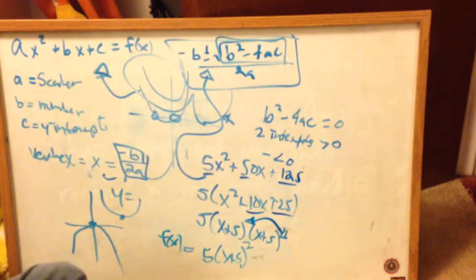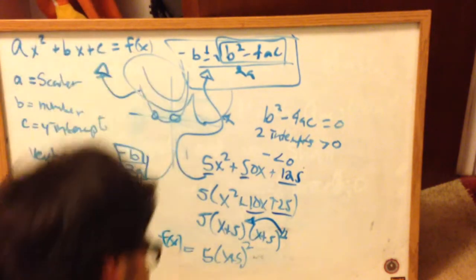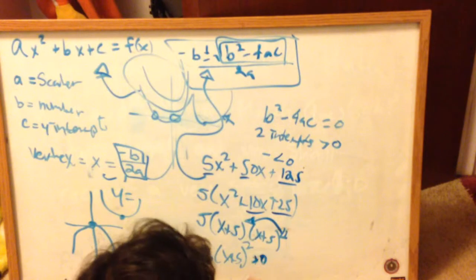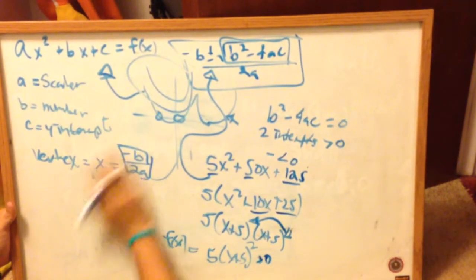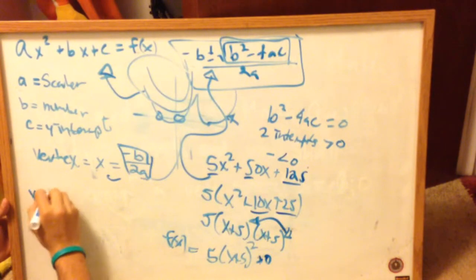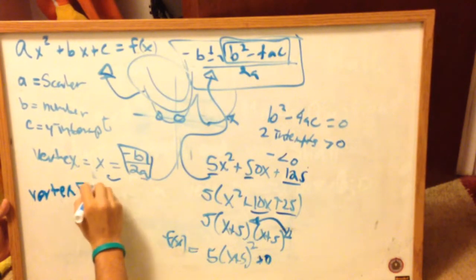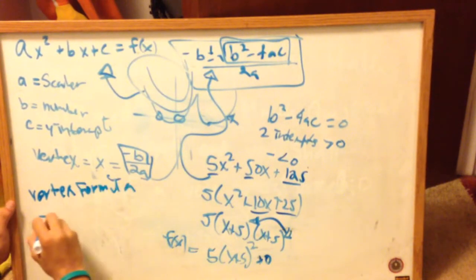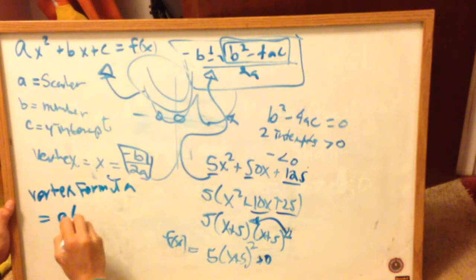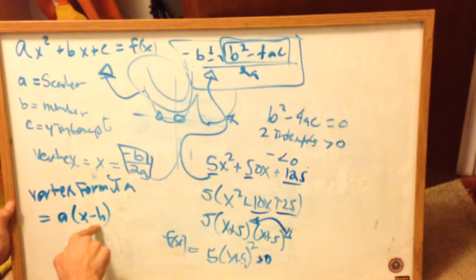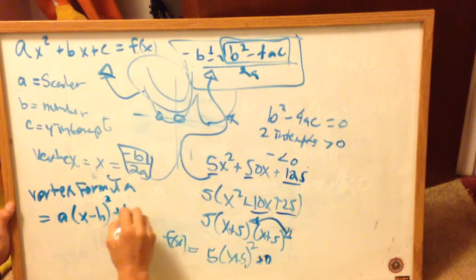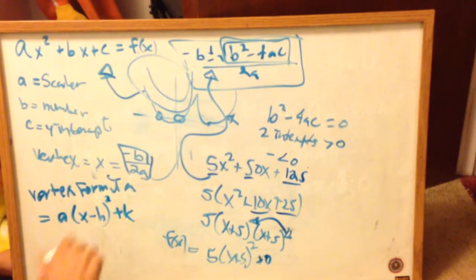Which leads us to the next thing, where this is in vertex form. I'm going to write it over here, because I don't have space and I don't have any eraser. Vertex form is simply quadratic functions written in the form of a times x minus your horizontal shift h, squared, plus k, which is your vertical shift.